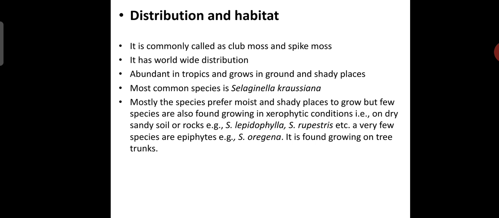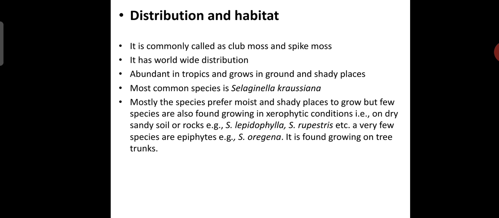Distribution and habitat. It is commonly called club moss and spike moss. It has worldwide distribution, abundant in the tropics, and grows on the ground and in shady places. Most common species is Selaginella caulescens.